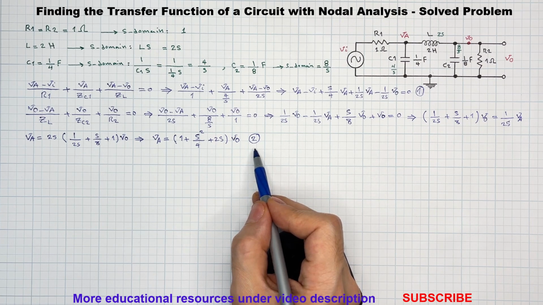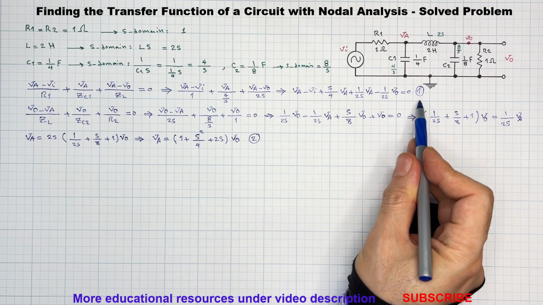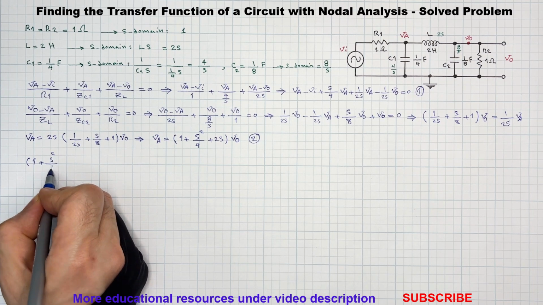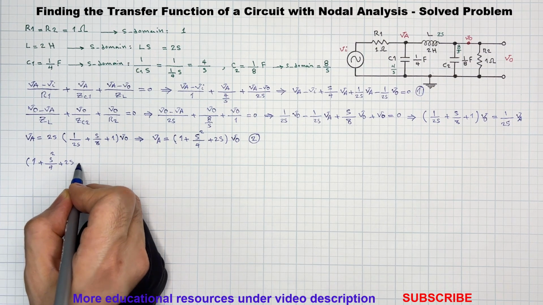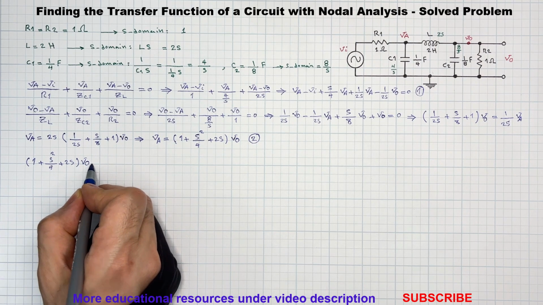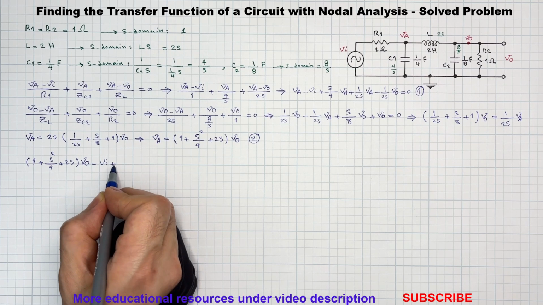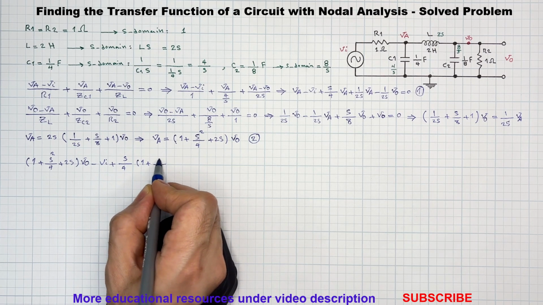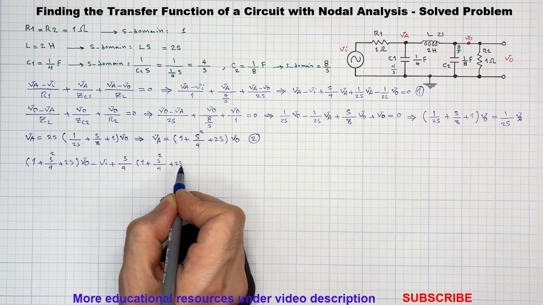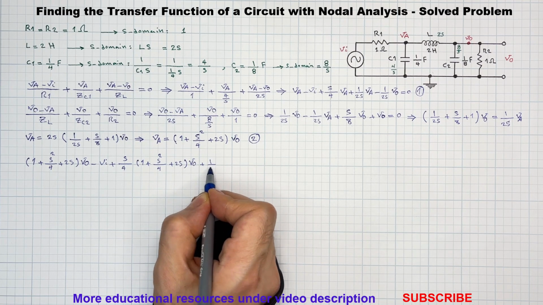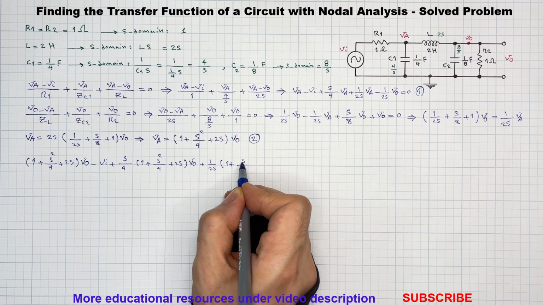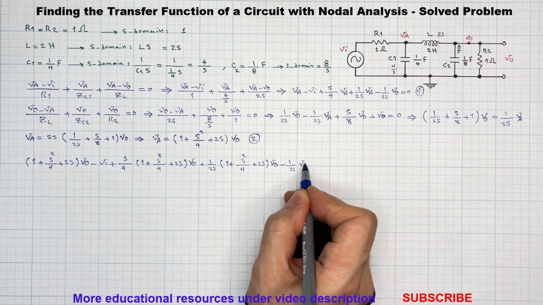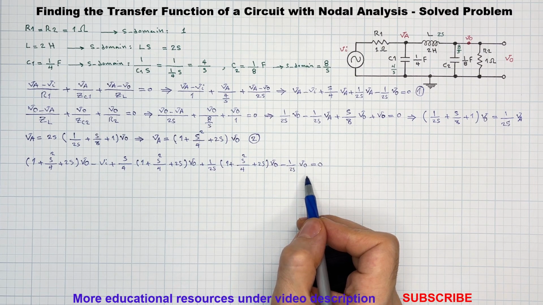From here, we substitute equation 2 back into the first equation. Now we multiply and simplify this expression.